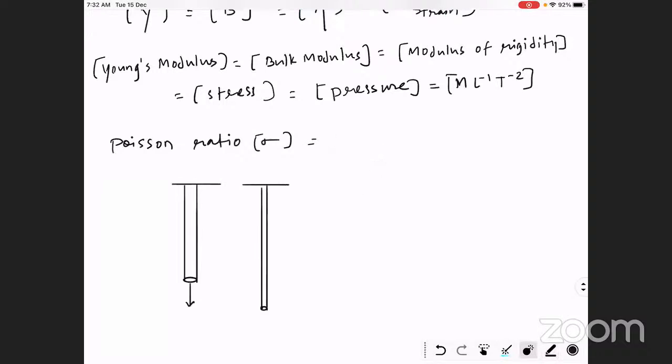Delta L by L upon delta R by R. This is known as Poisson's ratio. So it must be dimensionless. Do you understand that?